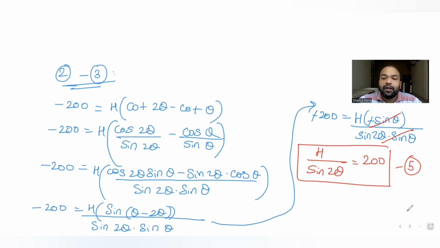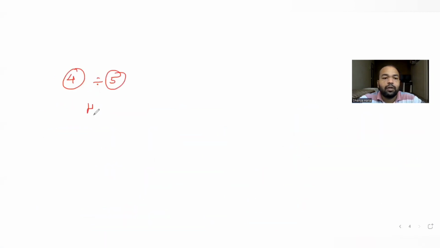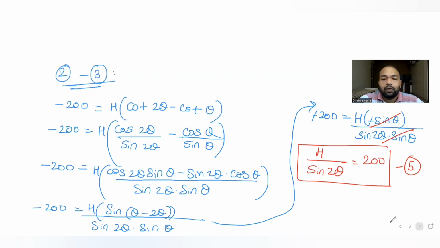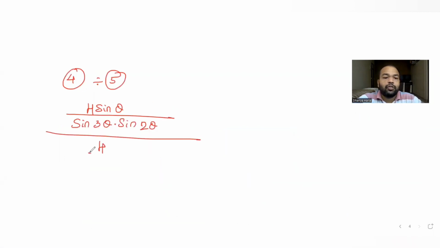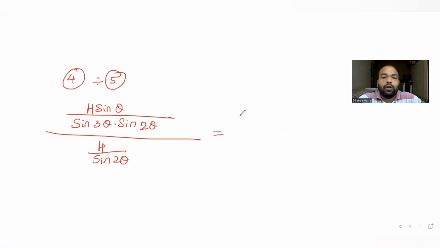So if I divide equation 4 by 5, let's see what I get. We have h sine theta upon sine 3 theta sine 2 theta, divided by h upon sine 2 theta, is equal to 100 upon 200.